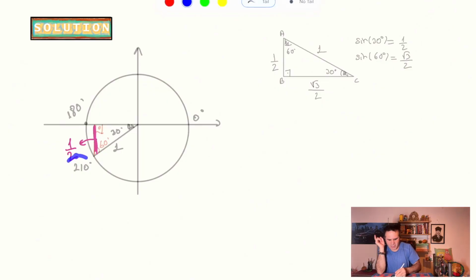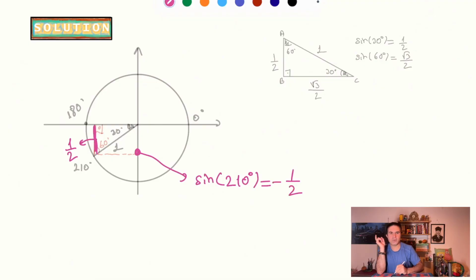For the sine value of 210 degrees, sine value of this angle is here. Then here we have sine of 210 degrees equal to minus 1 over 2, because sine value at here is negative, less than 0.